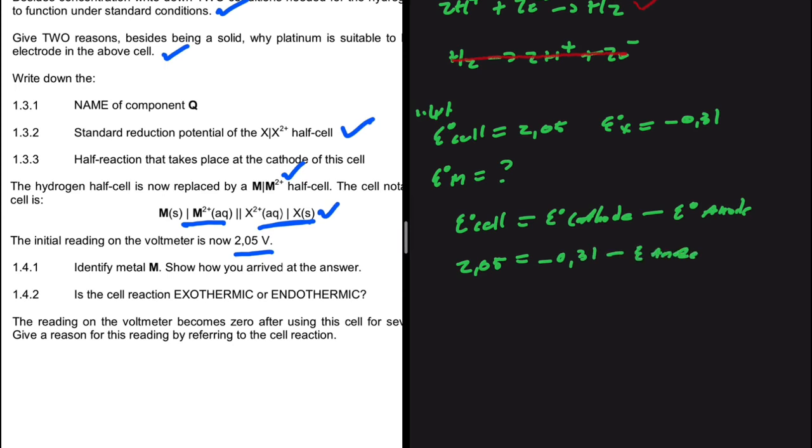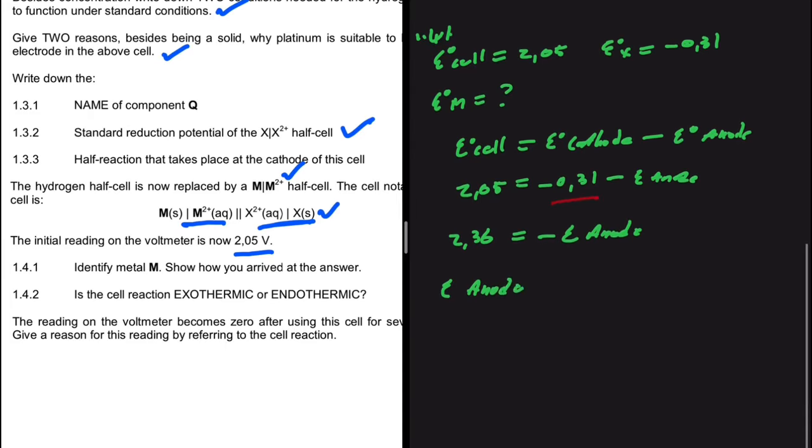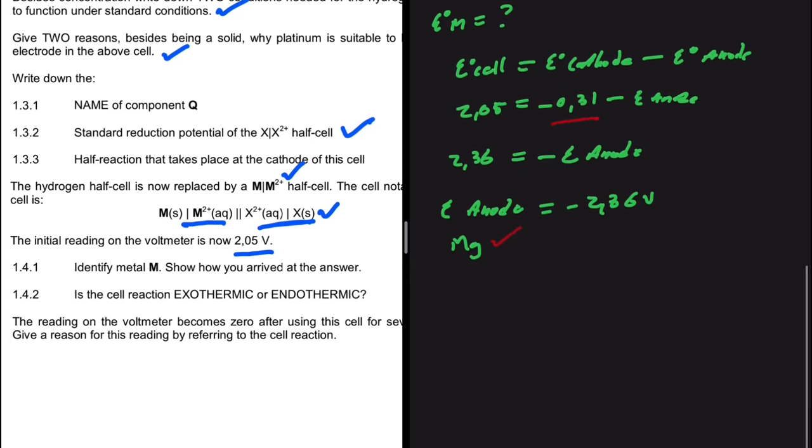So we take minus 0.31 to the left hand side. We're going to have 2.36 being equal to minus the potential at the anode. If we divide both sides by minus 1, the potential at the anode will be equal to minus 2.36 volts. If we go to our table of standard reduction potentials, at the anode we have magnesium, or Mg. That is our answer to 1.4.1.